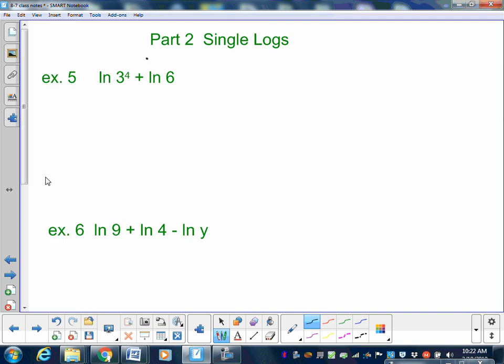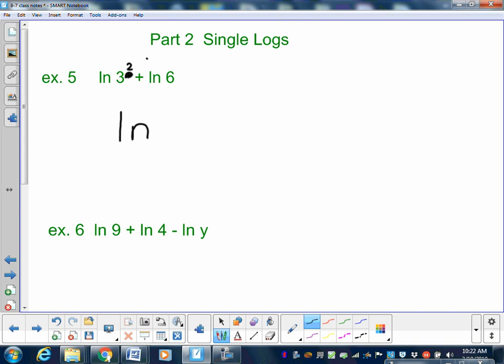Part 2. Write it as a single log. Did we do this on the last test? No, that was 8.5. It's going to be on the next test. Let's make this a 2 instead of a 4, so I don't have to use my calculator. So, we want to write this as one single natural log.